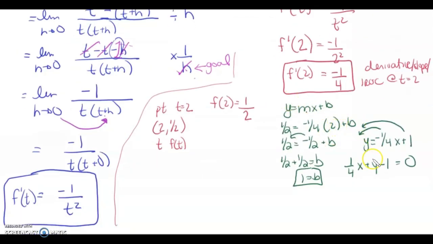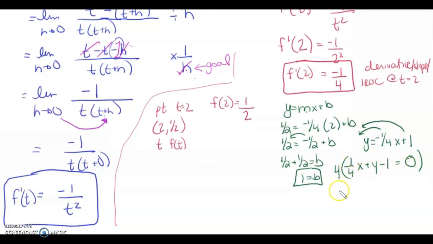Now for the third requirement of standard form, we have to express all of these coefficients as integers. So we cannot express this with a denominator 4. What we're going to do is multiply every single term by 4 on both sides. It's not going to affect the 0.